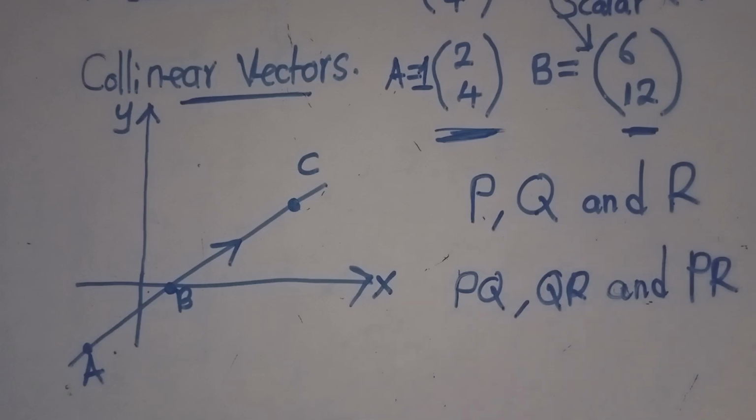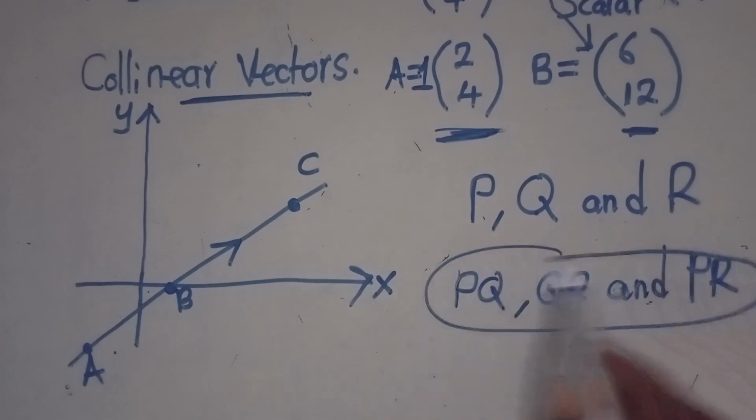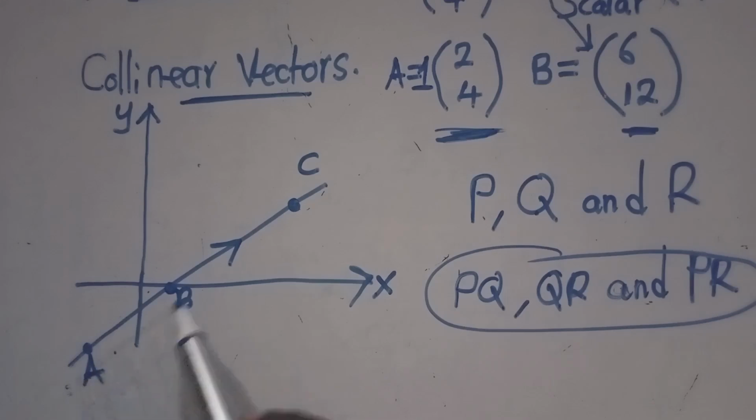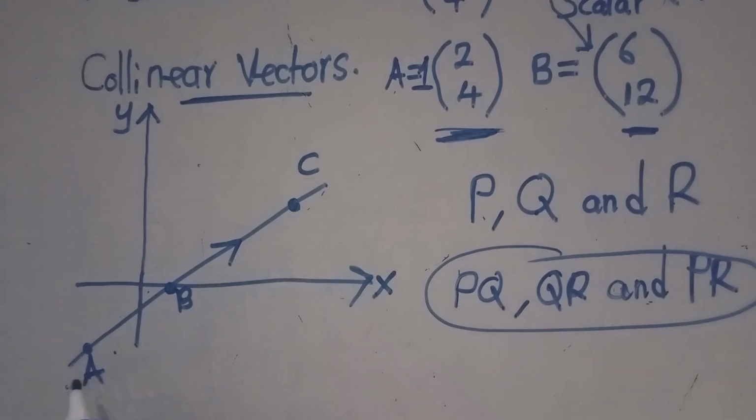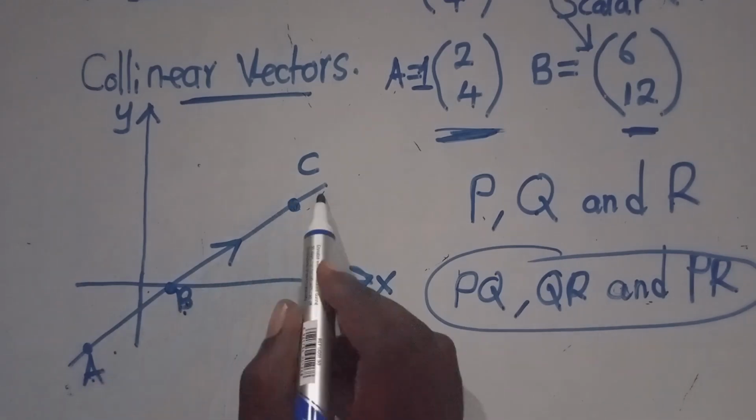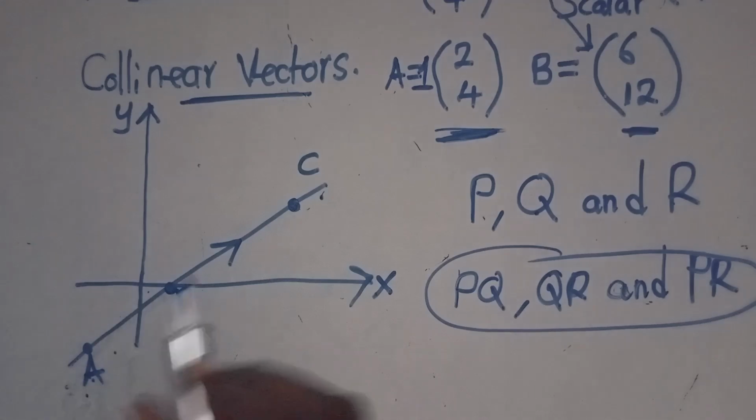So what we do to prove this is that the line segments are collinear. In a case where we've got A, B, and C, this means that we are going to have AB, BC, and AC.